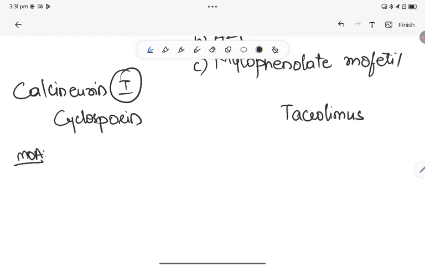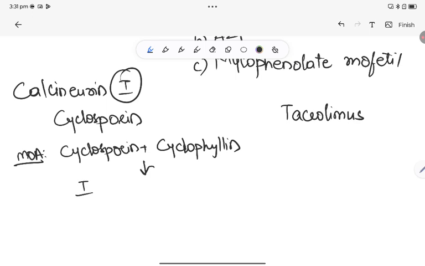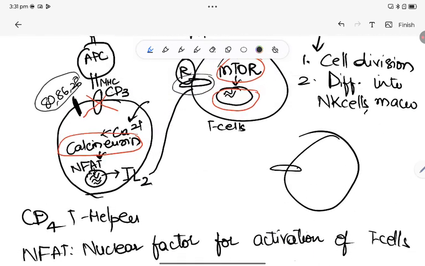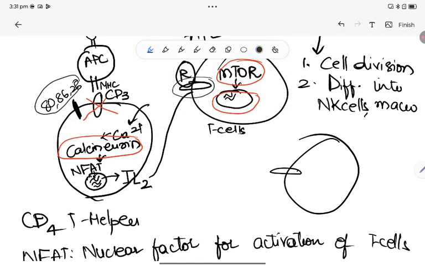With respect to mechanism of action, both will inhibit calcineurin only, but cyclosporine combines with cyclophilin and then it inhibits calcineurin, so that your initial phase of the immune response is gone. In fact, it will not be activated.